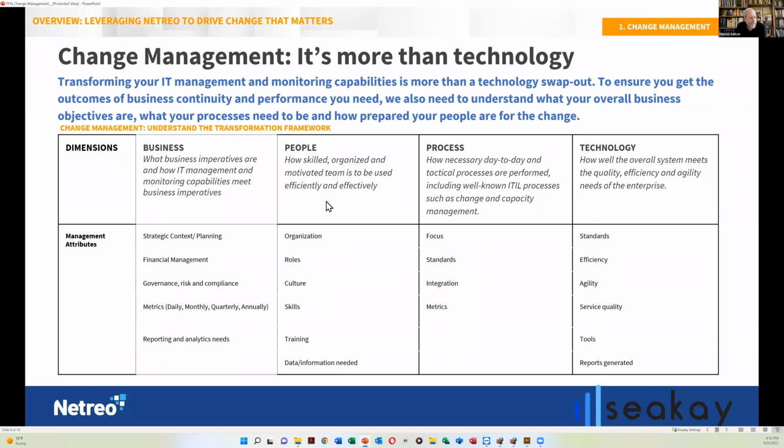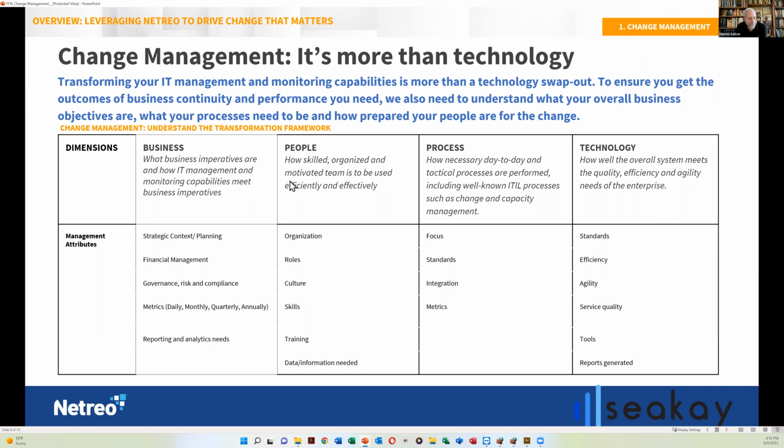Because of the nature of our organization, we have a change management specialist actually on our staff. And he is not a technologist. He's more of a people person, and he's worked with us hand in hand in successfully implementing technology solutions.